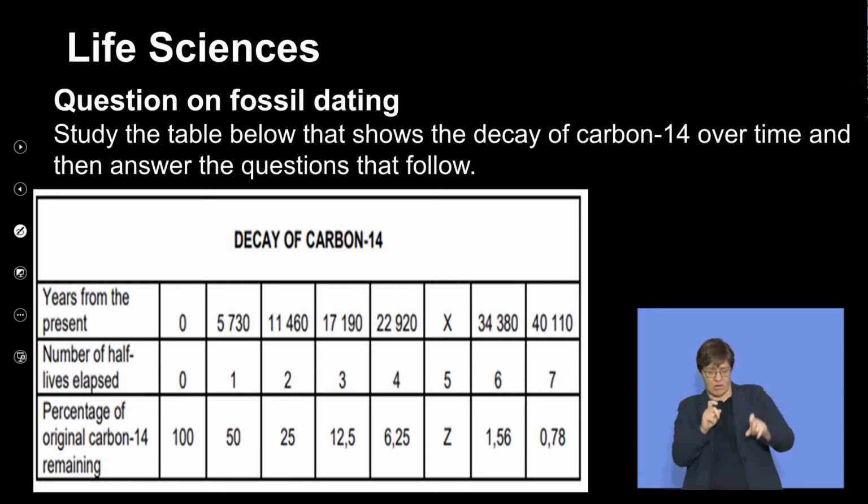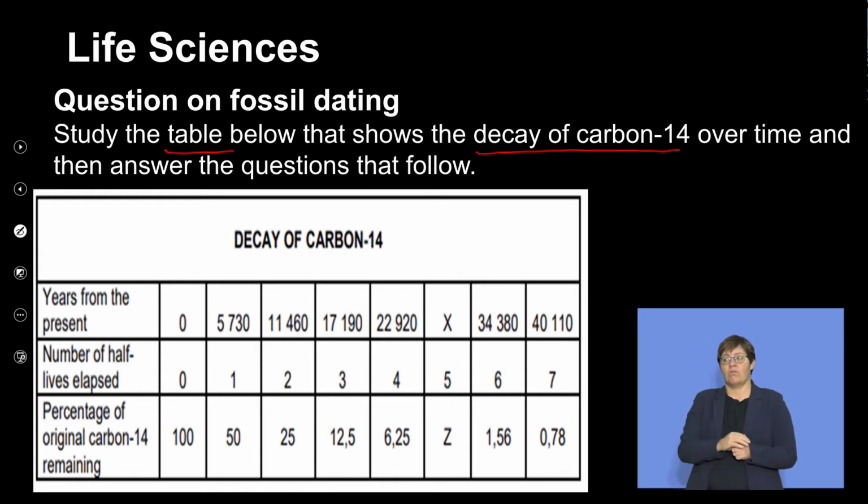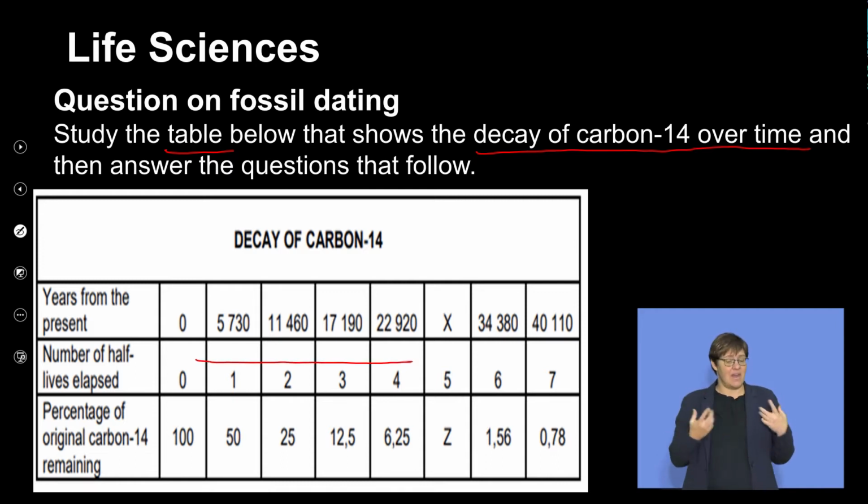Sometimes questions are actually asked using this information, and we're going to have a look at one question now, see how questions are asked. Okay, so we start off, study the table, and that is showing how the decay of carbon-14 occurs over time. Okay, and the key thing is the number of half-lives that have elapsed.